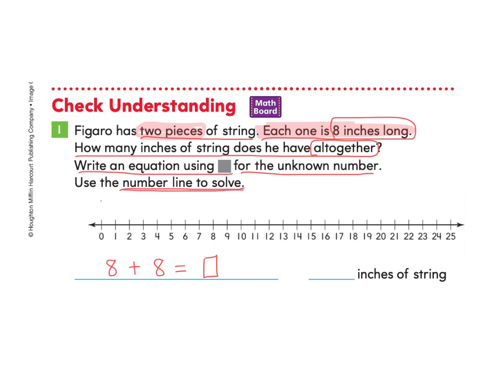First, I'm going to draw the first 8 to here, and then I'm going to draw the next 8 over. So I had 8 plus 8, and when I put those together, I land at the number 16. So my answer when I have the equation 8 plus 8 is 16. The answer is 16 inches of string.